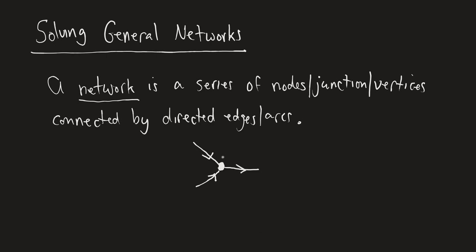So, for instance, this could be an intersection of three roads. These two are one-way roads leading into this junction, and then this one is a single one-way road heading out of the junction.